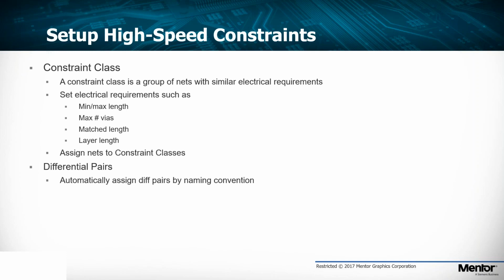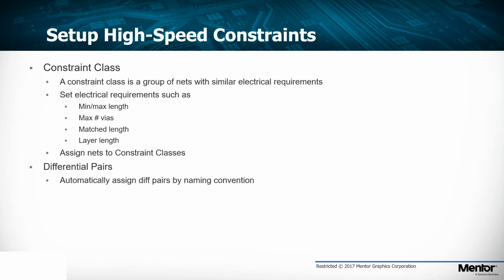Once we have those constraint classes defined, we'll go ahead and assign those nets to the constraint class. Here we can also assign differential pairs, and within this tool it's very simple to automatically assign differential pairs based on naming convention.